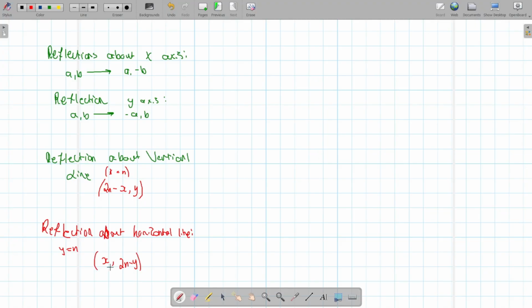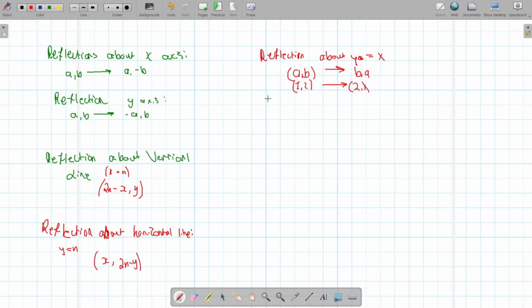So always that 2 times n. Okay? How about the reflection about y equals x? If you have any point a comma b, it becomes b comma a. If you had 1 comma 2, it becomes 2 comma 1.